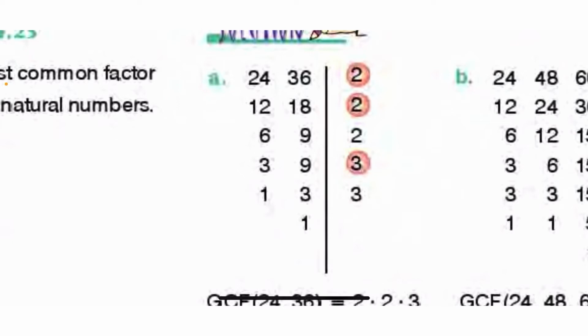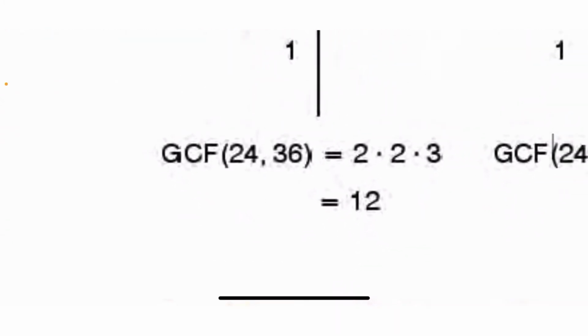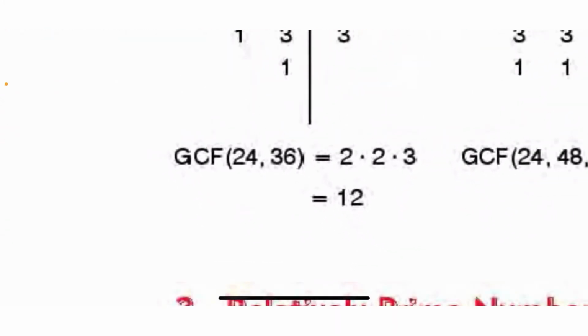We get 3 and 9, and now these two numbers are divisible by 3. 3 divided by 3 is 1, and 9 divided by 3 is 3. Again, dividing by 3 gives us 1. So we circle the same numbers, 2, 2, and 3. We multiply these three numbers, so we get 12. So GCF of 24 and 36 equals 12.